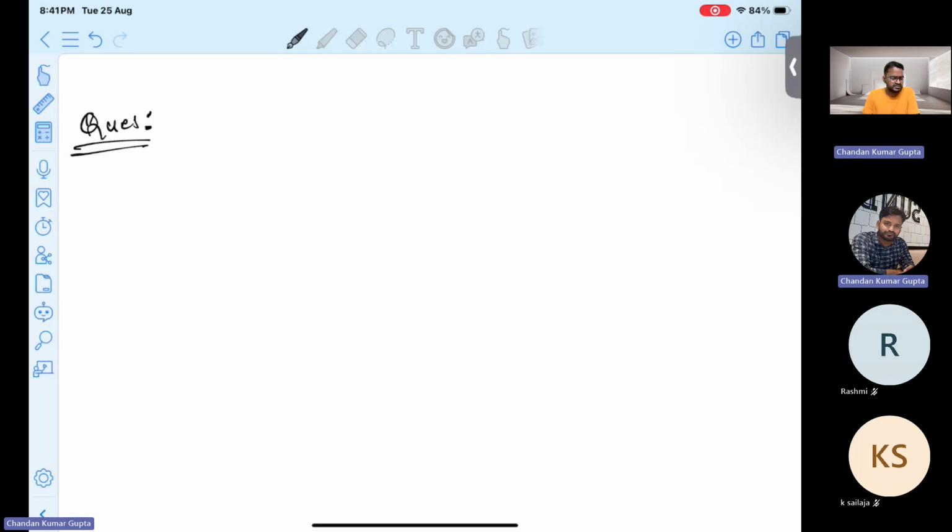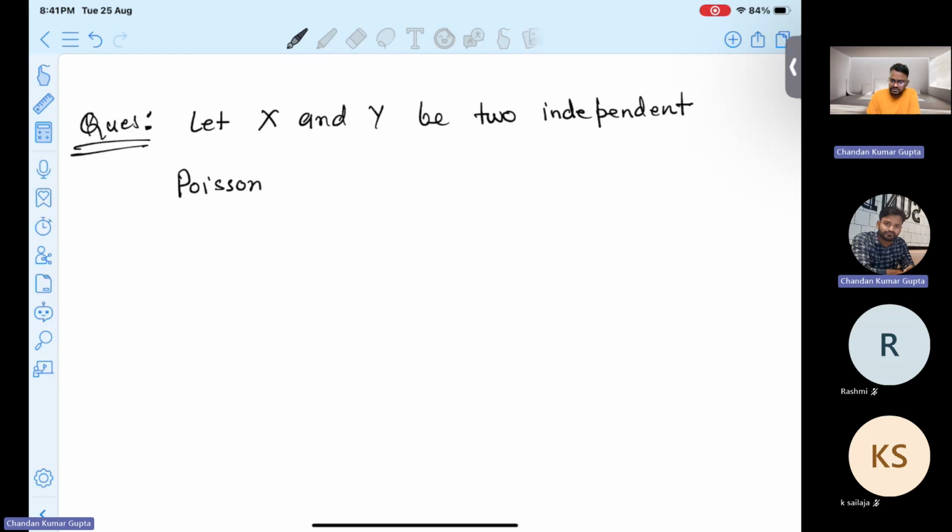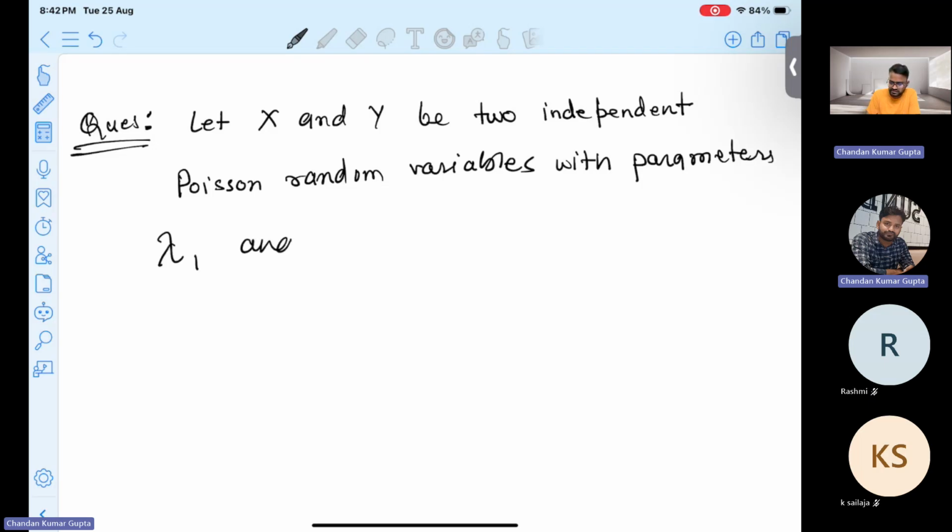So the question is: let X and Y be two independent Poisson random variables with parameters lambda1 and lambda2 respectively.